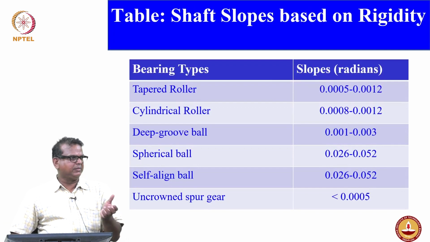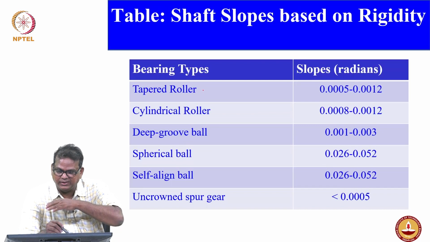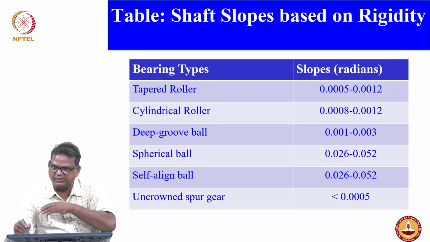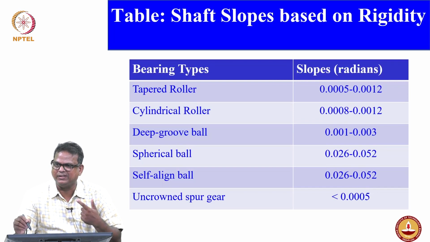You are going to select the bearing and fix it, right. From there, what is the slope? So, depending on the bearing you select, the slope should be within this limit. If not, again you have to redesign your entire gearbox.